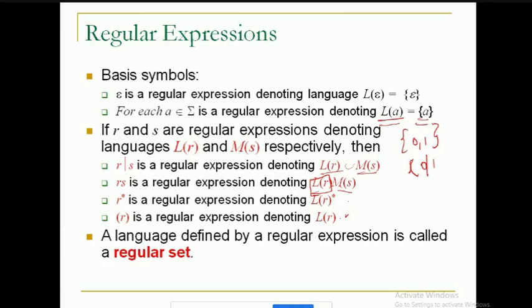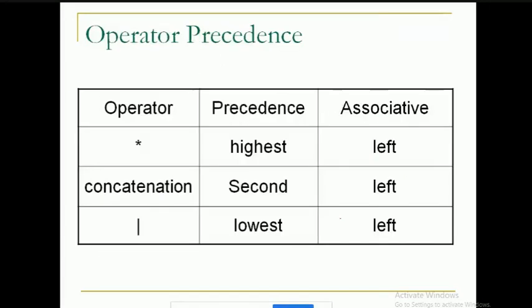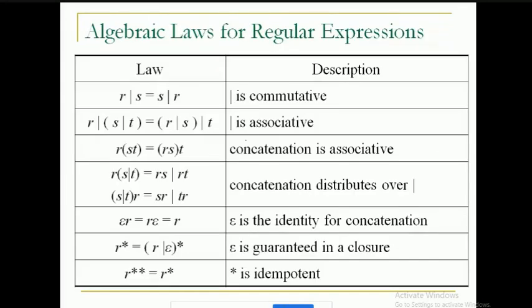And these are all the operations in regular expressions. Now, whenever you are using operators, you have to tell the precedence, which has to be processed first, right? So Kleene closure has the highest precedence, then concatenation, and the least is the union or OR operator.